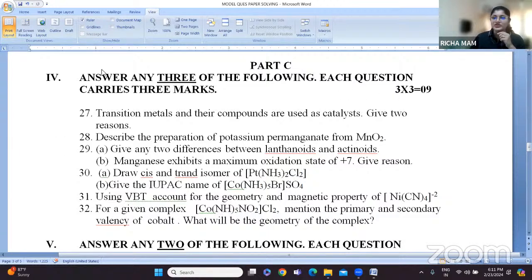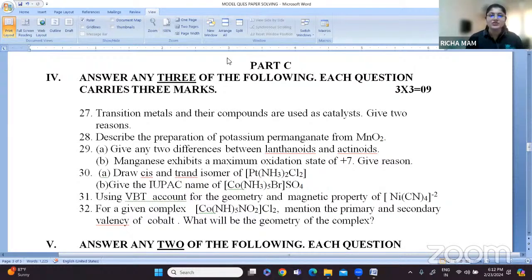So we'll start with the questions now. Students, shall we start with the 3 marks questions? Okay. So the first question is: transition metals and their compounds are used as catalysts, give 2 reasons.